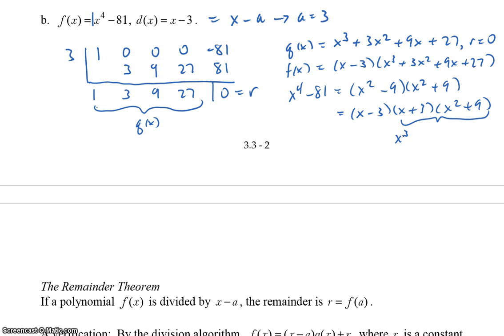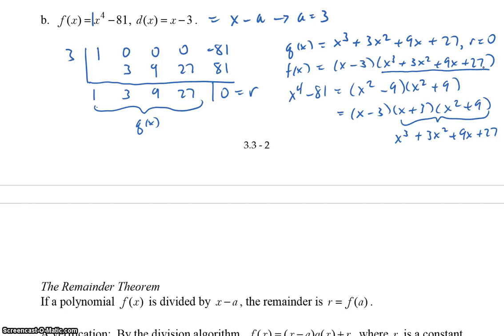I'll do inside first. 3 times x squared is 3x squared. Outside is 9x. And last is 27, which is exactly what we had for our quotient when we did the synthetic division. So to factor it by the usual method of using a difference of squares is compatible to what we did with long division.